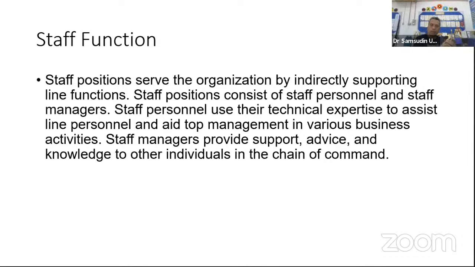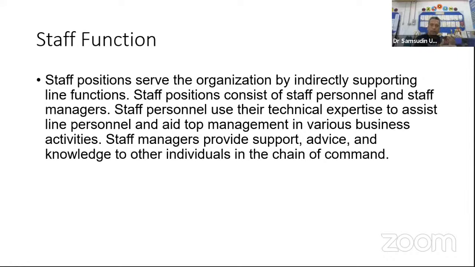When I appoint them as reviewers, of course I have to give them a reward, for example 50 ringgit as an honorarium for the panel. So now what happened?